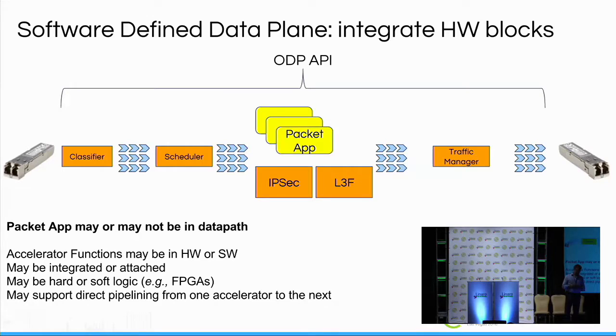For example, you could say to the classifier, if you find any ESP, IPsec traffic, send it to this IPsec block. If not, send it to the layer 3 forwarding block. That's a classifier rule that you push to the hardware. And if the hardware does not support that, then the software will do it for you.